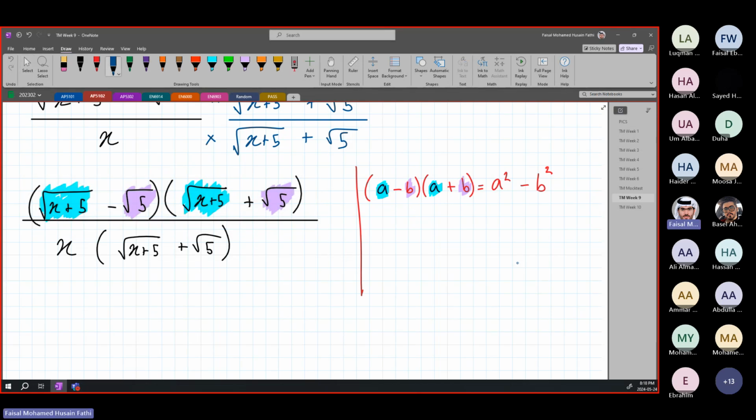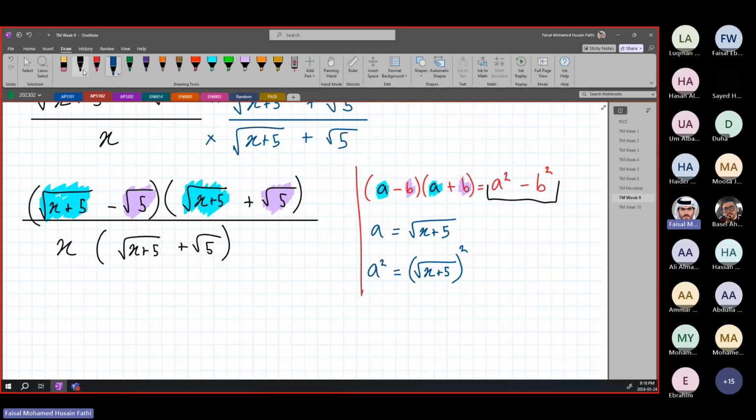So what will be the solution of the top part? It will be this right here, which is a squared minus b squared. All right? We know that our a value is equal to square root of x plus 5. So a squared is going to be equal to square root of x plus 5 squared.